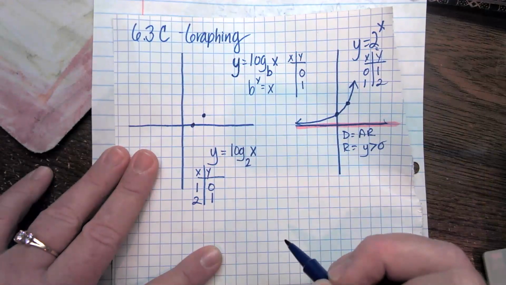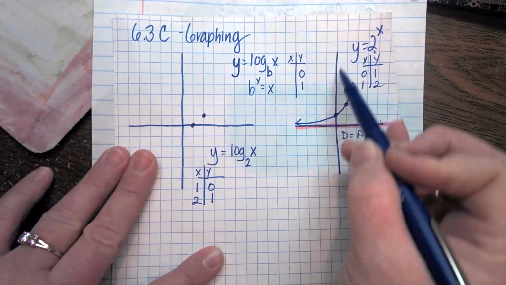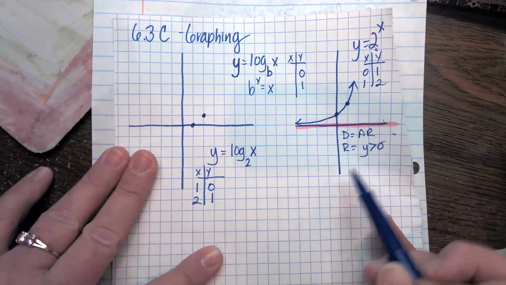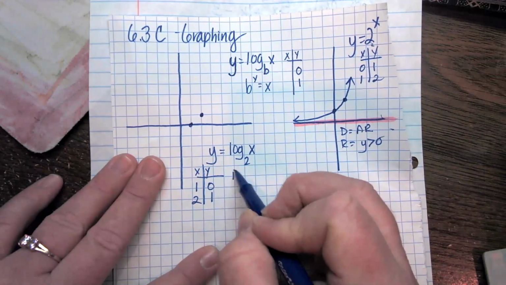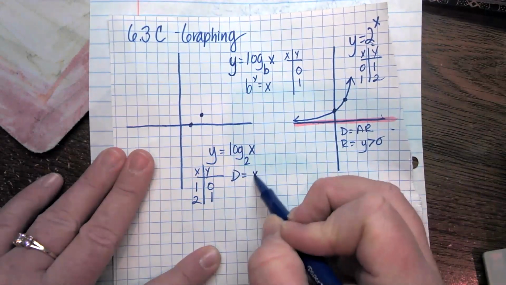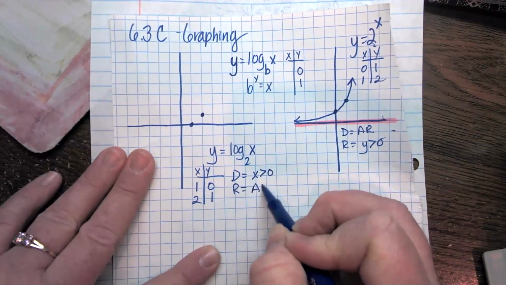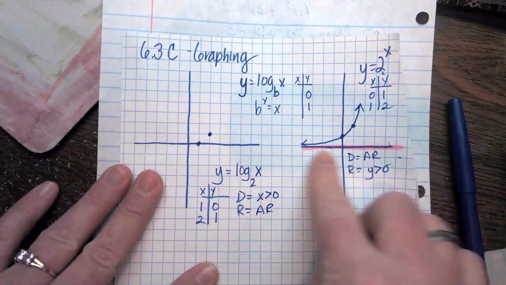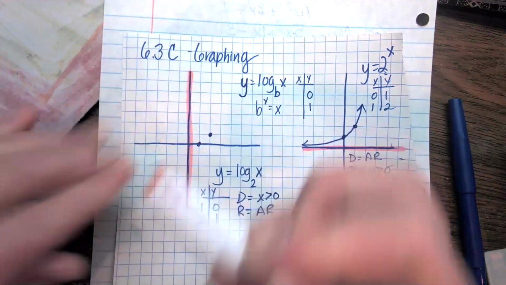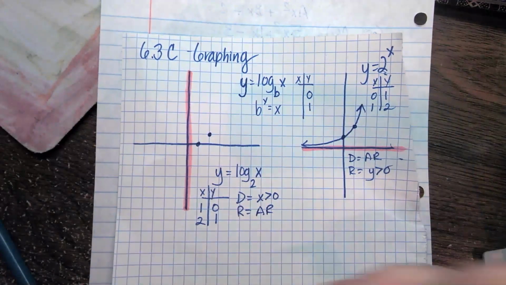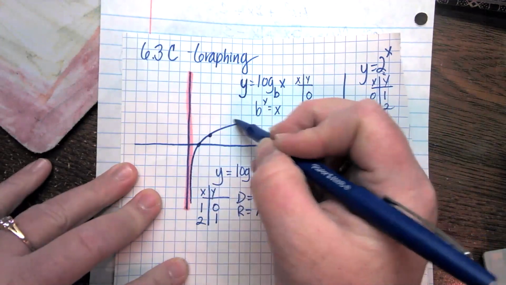Now here's the weird part. If we're switching the x and y's, then you have to switch the domains and ranges. Your domain is now x is greater than 0, and your range will be all real. So instead of our asymptote going this way, our asymptote goes this way. Remember, we're inverse. So this line goes like this and like this.